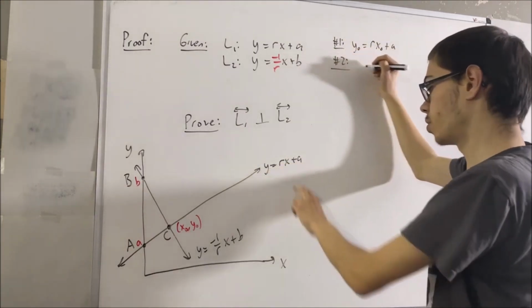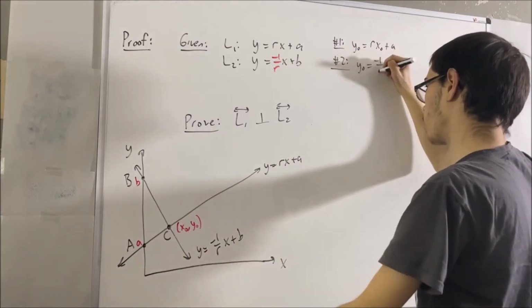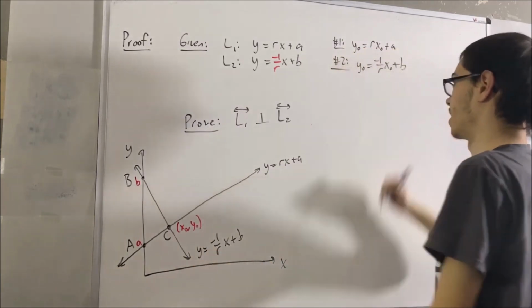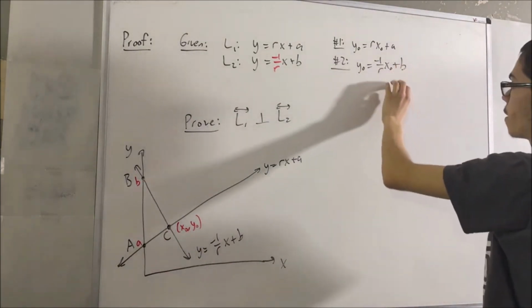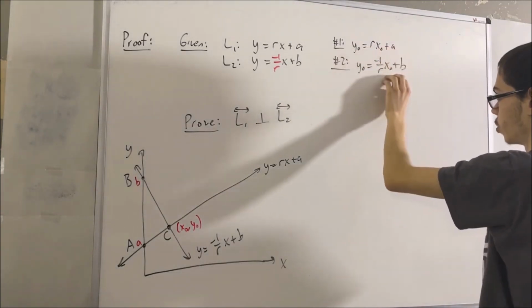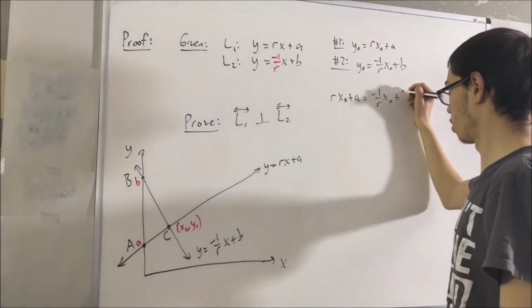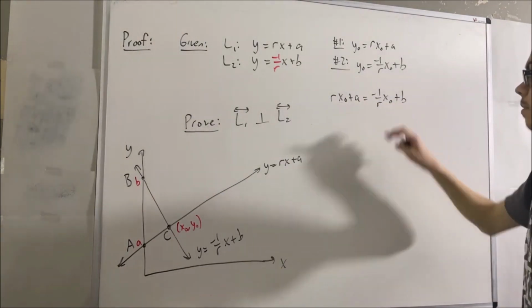For equation number 2, same thing, y0 equals -1 over r x0 plus b. Because we have two things equal to the same thing, we can set these two things equal to each other, right? So now from here, I am going to algebraically solve for x0.